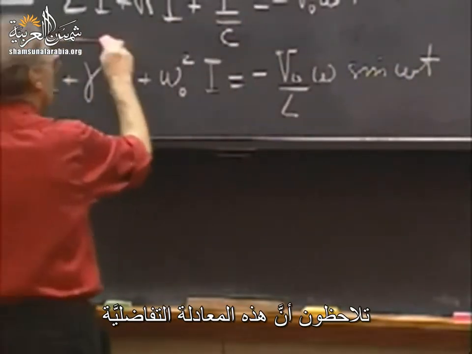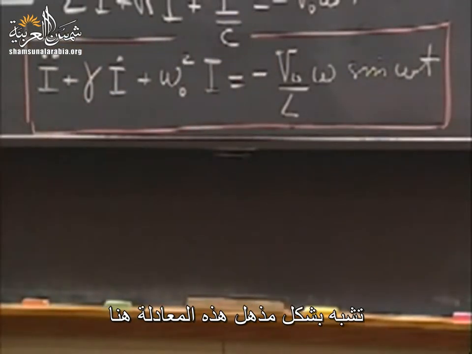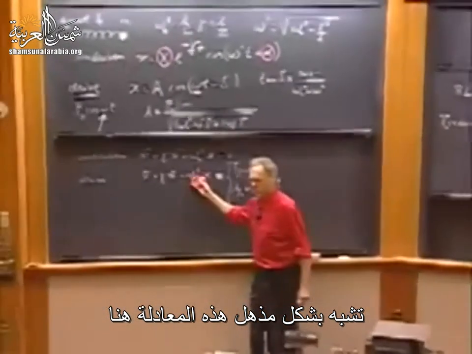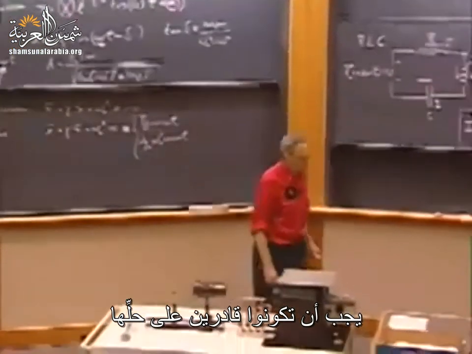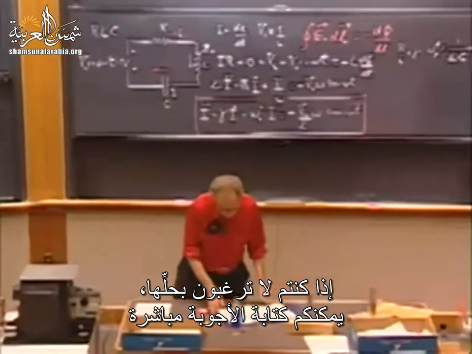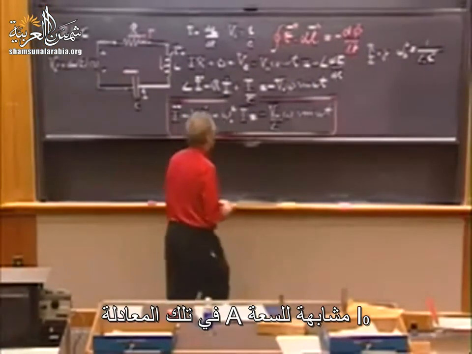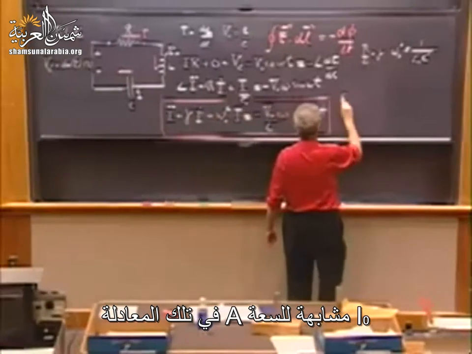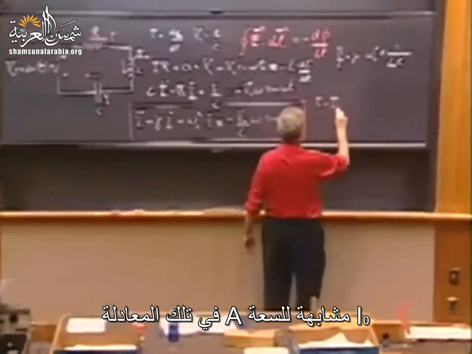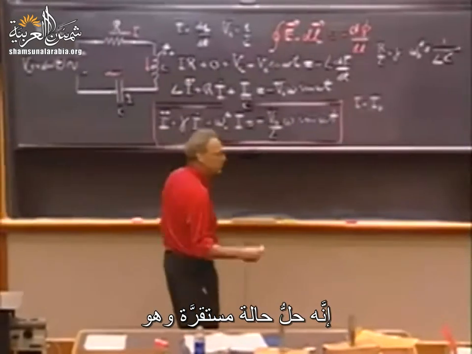So here you see a differential equation. And that differential equation looks amazingly similar to this one. And so you should be able to solve that. In fact, you wouldn't even want to solve it. You can write down immediately the answer. You're going to get an I, which is an I0, which takes the place of that A there. This is a steady state solution now.